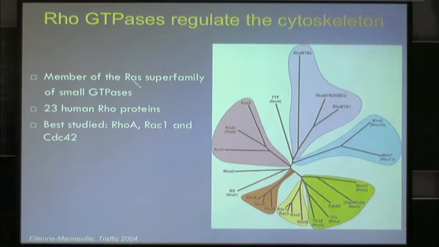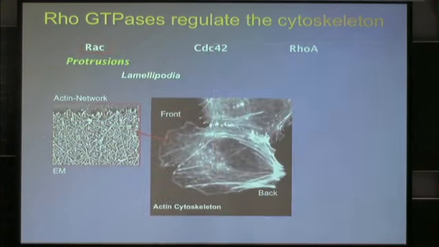They belong to the RAS superfamily, and many of them are known. However, the best studied, best-known three are RhoA, RAC, and CDC42. Those three proteins do quite different things.